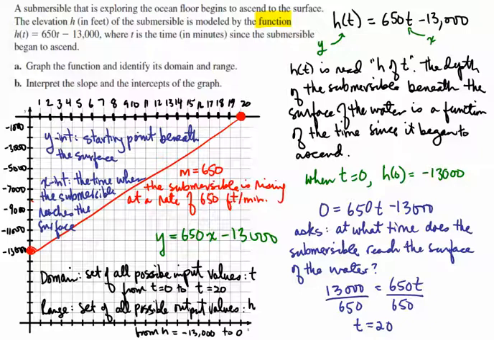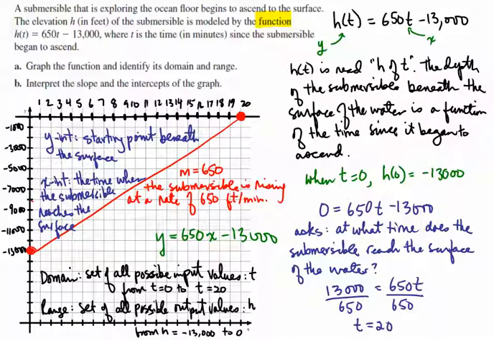In this case, the slope is 650, which tells us how fast the submersible is rising to the surface of the water. It's rising at a rate of 650 feet every minute. The y-intercept tells us the starting point beneath the surface, which would be the depth at the ocean floor of negative 13,000 feet. The x-intercept tells us the time at which the submersible reaches the surface of the water.